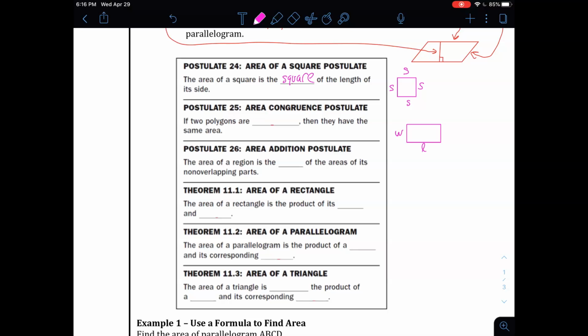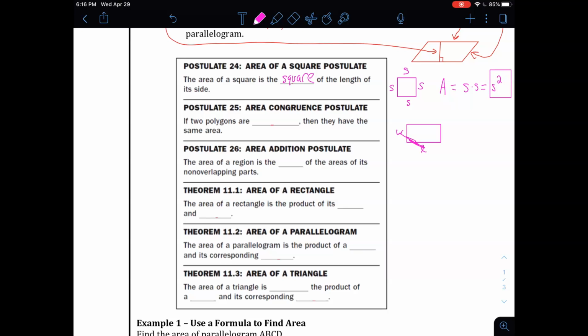What is it going to be for a square? If we did length times width, which is this times this. What do you guys think? Area is going to be equal to side times side, so S times S, which equals side length squared.